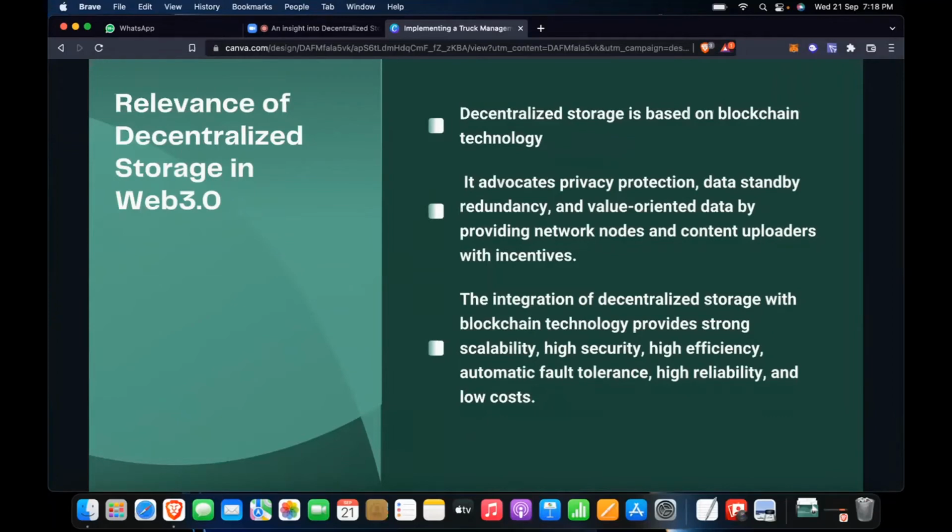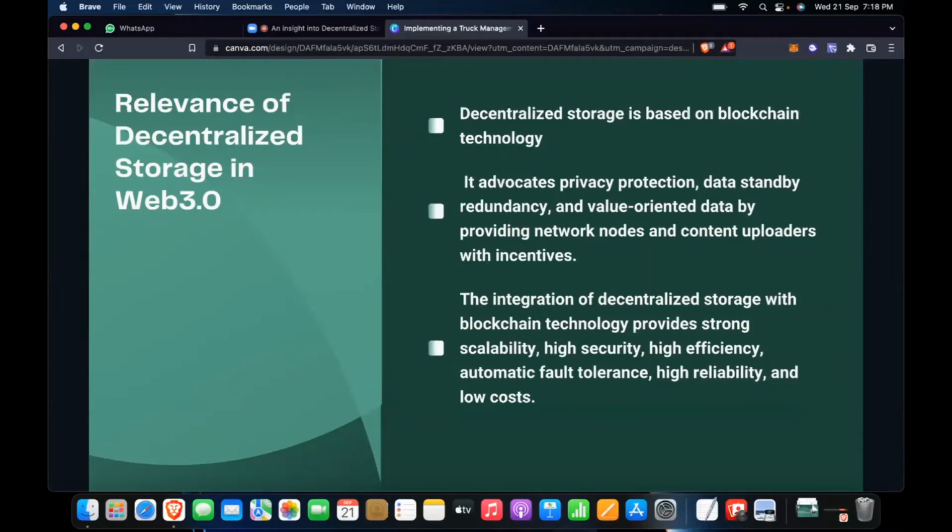The integration of decentralized storage with blockchain provides strong scalability, high security, high efficiency, automatic fault tolerance, high reliability, and low cost. So all these perks are benefiting Web3 because decentralized storage has been incorporated in it.